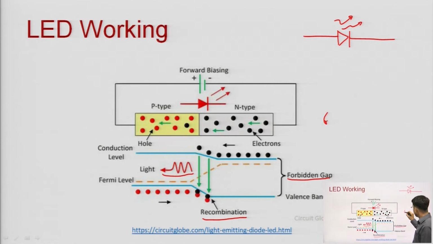what is the difference? The energy of a photon is h nu, Planck's constant into frequency.